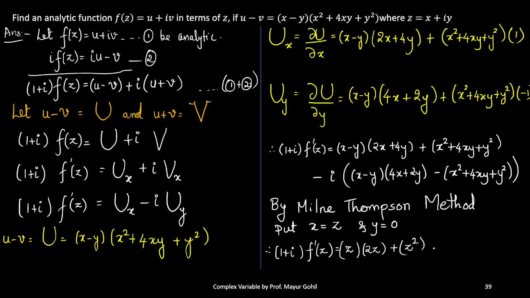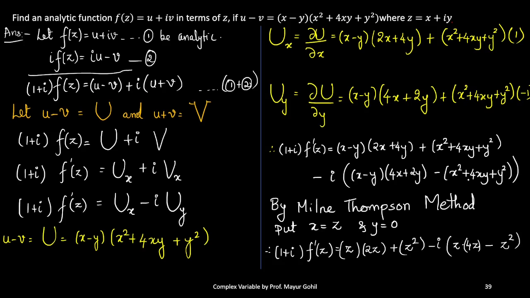Okay, and then minus i times, when we go for the next term and put x equals z, we get z minus 0, that is z over here, and then there is 4z. Okay, 4z, and then again there is minus of, here we will have z square.